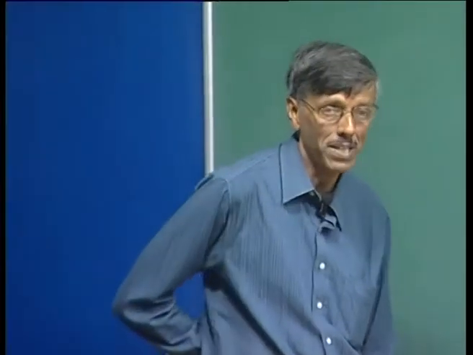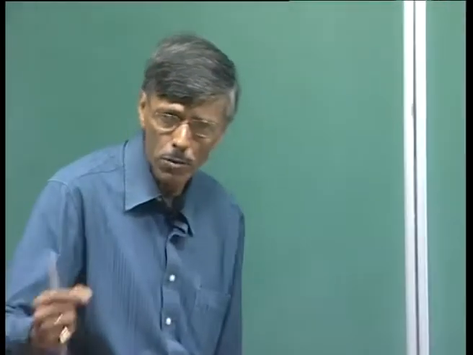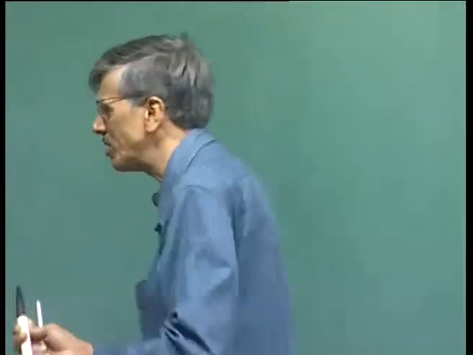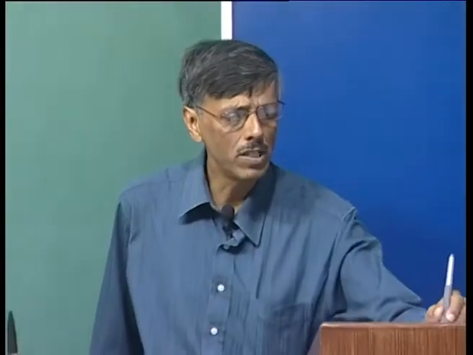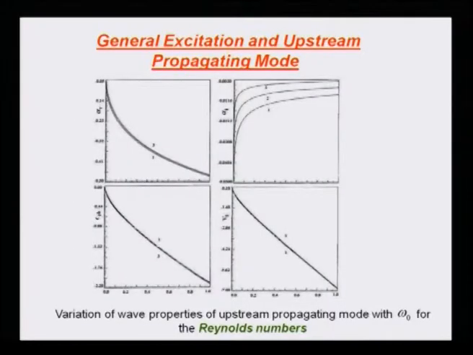So upstream propagating modes would be there if you think of the flow in terms of a forced excitation. These convecting vortices would give rise to that kind of footprint, which is what we are seeing here.